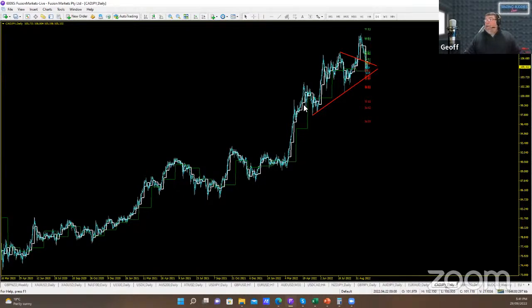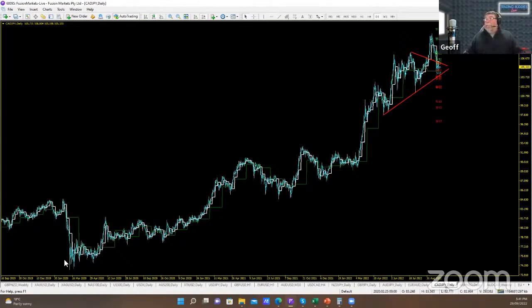But doesn't that look to you like a big false break? It does to me on the daily chart. But intrinsically, for me, the Canadian dollar has got far more going for it than does the yen. And we've seen that since 2020, where we've gone from 74 up to 111.